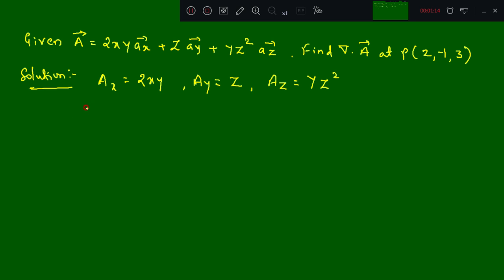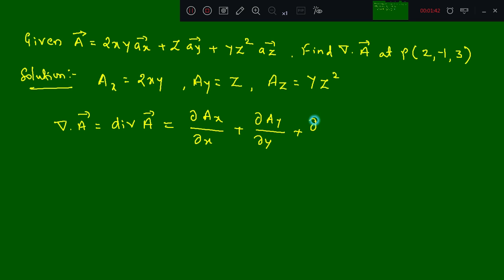According to the divergence and del operator that we have seen, we know the formula del dot A. This is nothing but the divergence of A. The divergence of A is nothing but the derivative of Ax plus derivative of Ay plus derivative of Az.